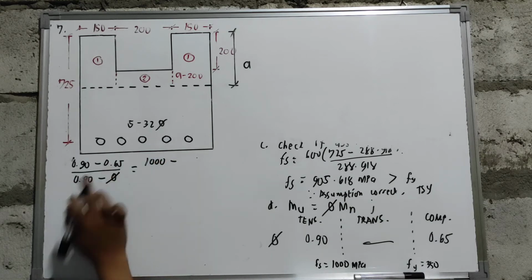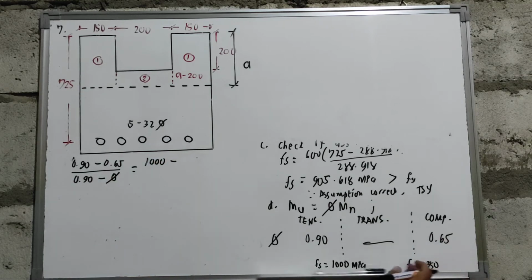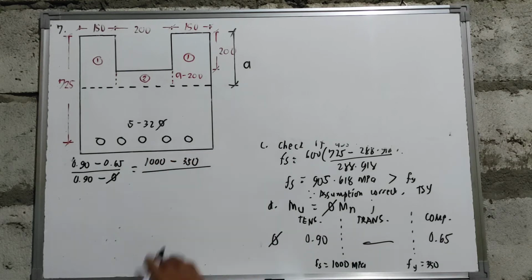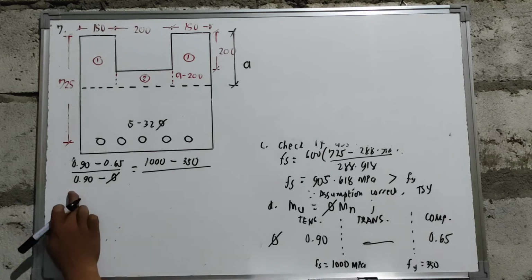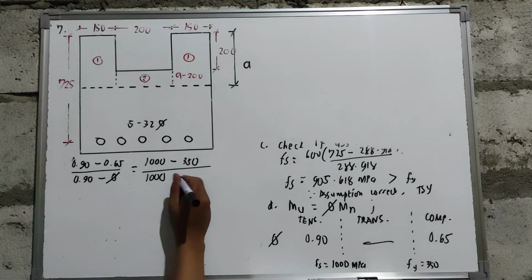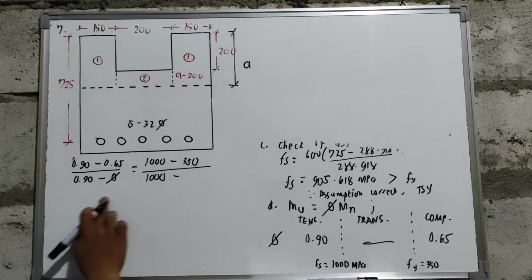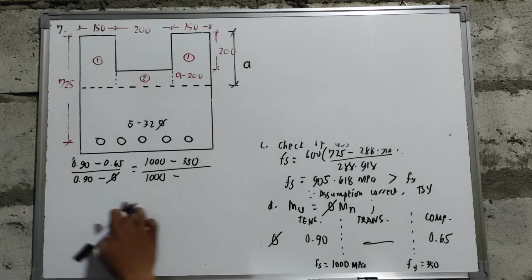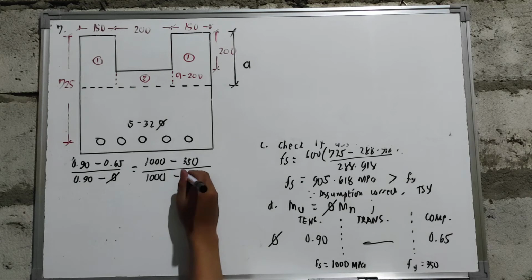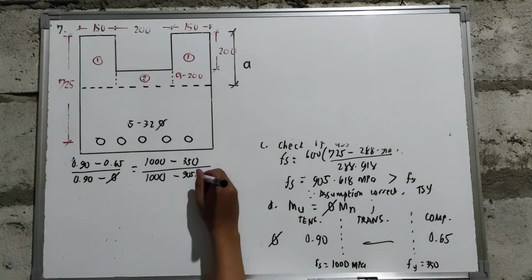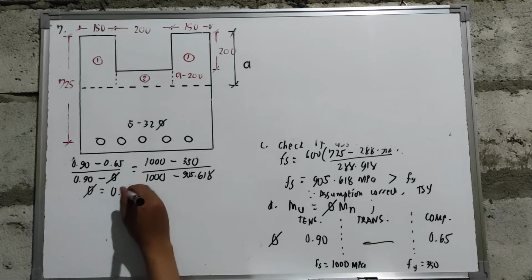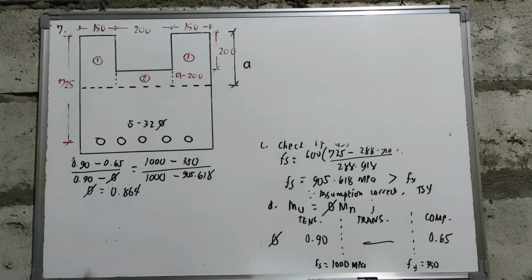Minus, kapag naman 0.65 yung reduction factor natin, what is your limiting value? Etong Fy natin na 350. Over, so yung upper limit natin na 0.90, yung stress na corresponding sa kanya is 1,000 megapascal minus yung reduction factor na hinahanap natin, which is at actual, so the value of your Fs is equal to 905.618 megapascal. So the value of your reduction factor is now equal to 0.864.